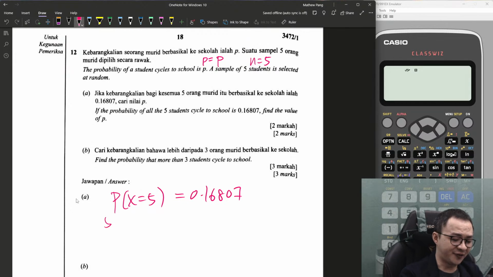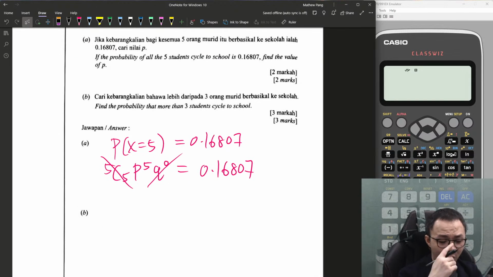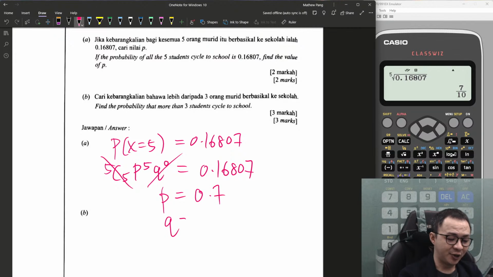So P(X = 5) is 5C5, p to the power of 5, q to the power of 0, equals 0.16807. 5C5 is 1, q to the power of 0 is 1, so I ignore them. So p should equal the fifth root of 0.16807, which is 0.7. Then my q is 0.3. After I got the p, I got the q.